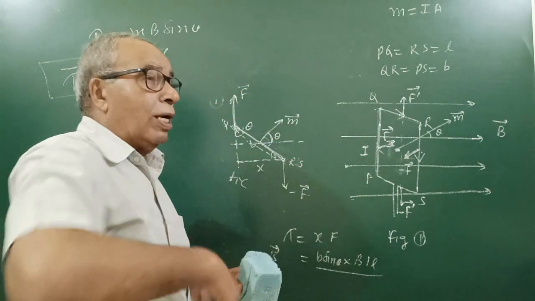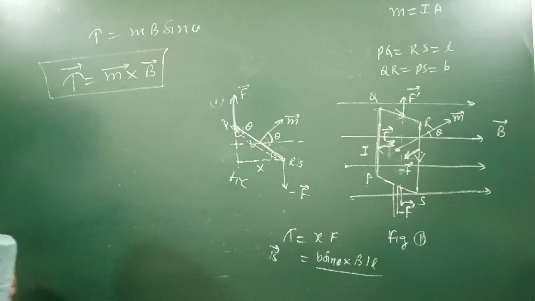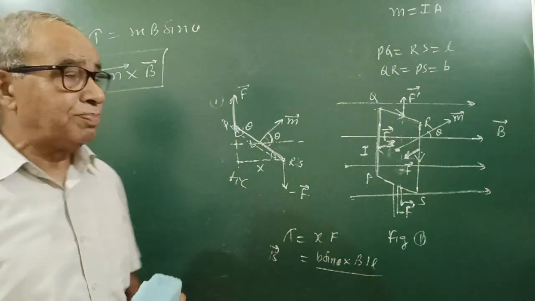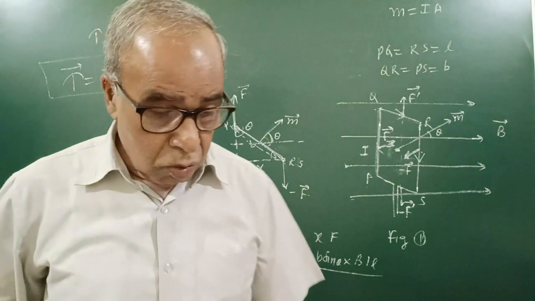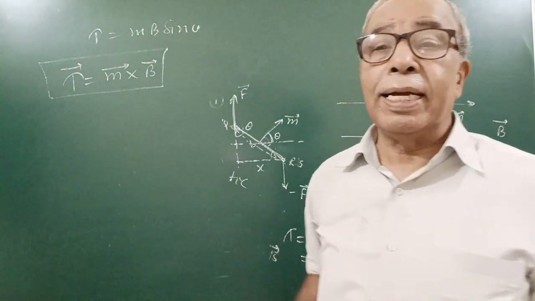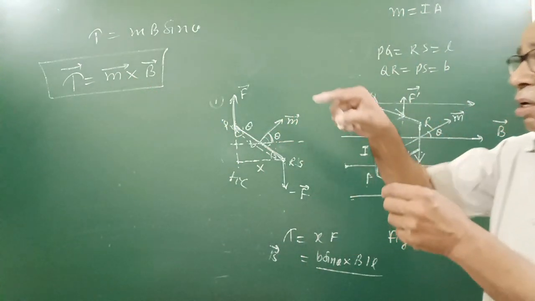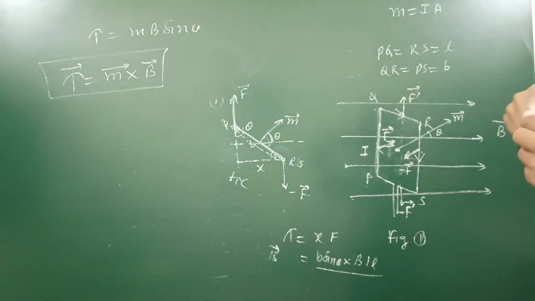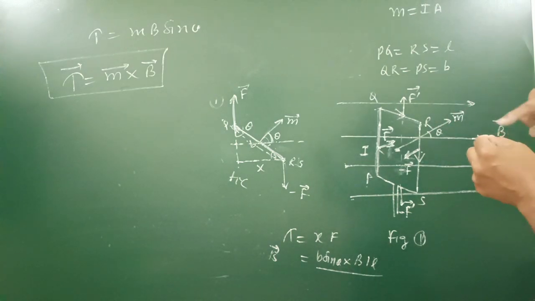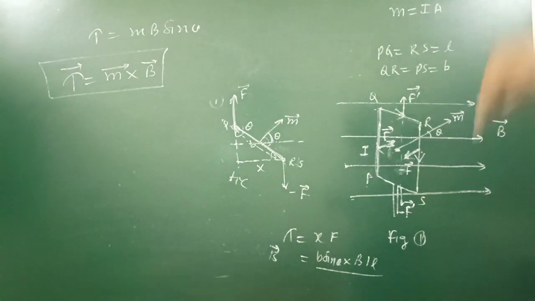So this is clockwise. And the direction of torque will be at right angle to the plane containing M and B. Here B is this way, M is this way. So the plane containing M and B is a horizontal plane, so it will be normal to the plane, downward.